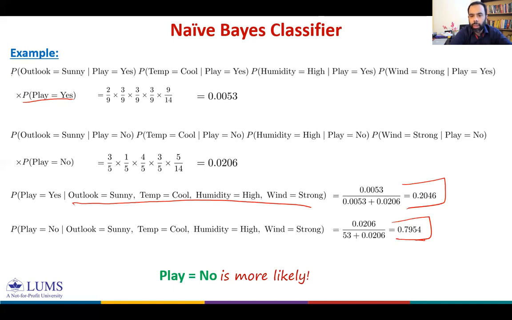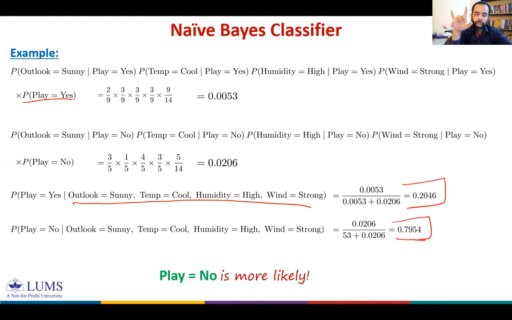So this is all that the naive Bayes classifier is. We want to find out the posterior probability. We exploit Bayes theorem to express the posterior probability as proportional to the product of likelihood and prior, right? And we compute these two from the data we have.